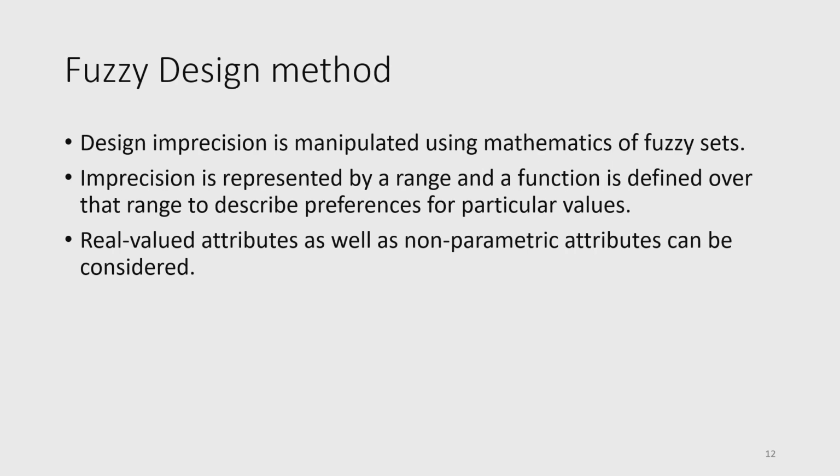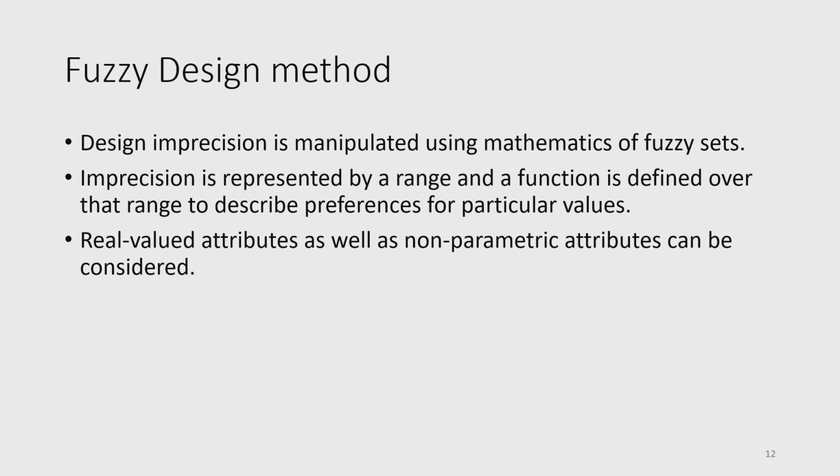Now I am discussing the fuzzy design method. Compared to utility theory etc., the fuzzy design method is considered much better. In this, design imprecision is manipulated using the mathematics of fuzzy sets. We have the concept of fuzzy sets.